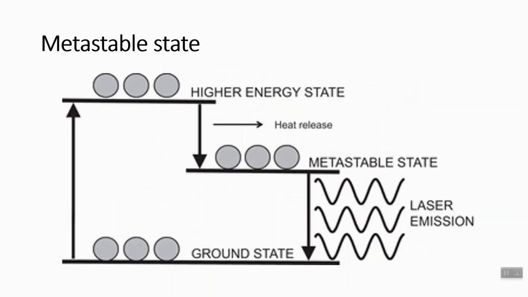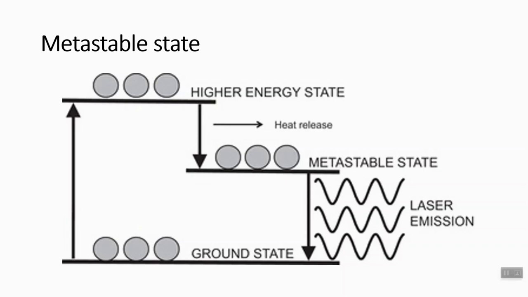Now I will describe the metastable state. To achieve population inversion, we must have metastable states. Metastable states are excited states where the electrons stay for an unusually long time. Normally, an electron in an excited state will make the transition to the lower state in a time of 10 raised to minus 8 seconds.